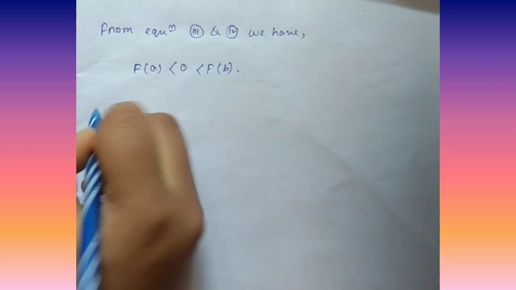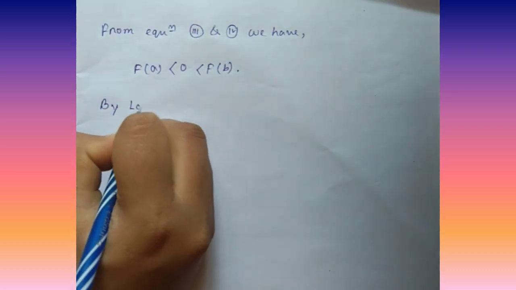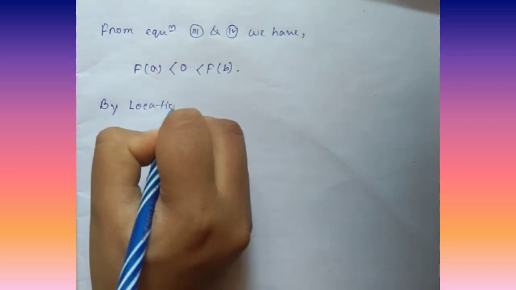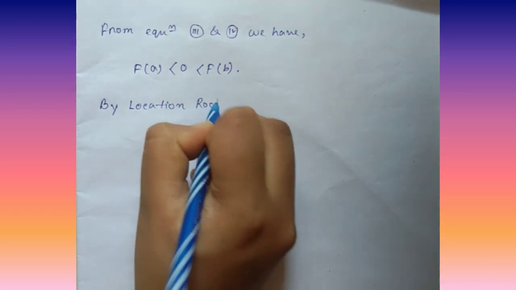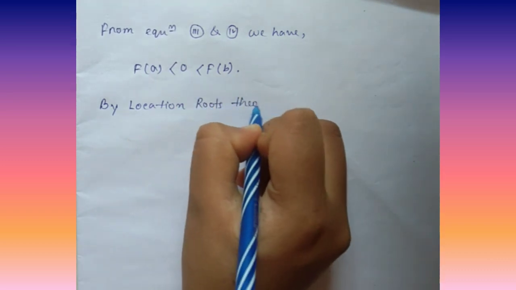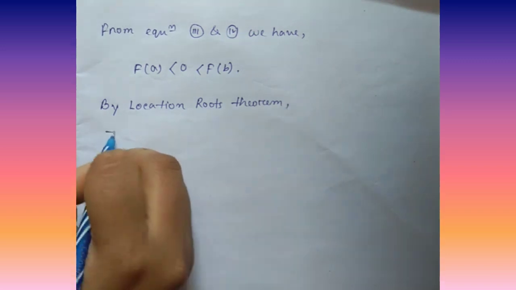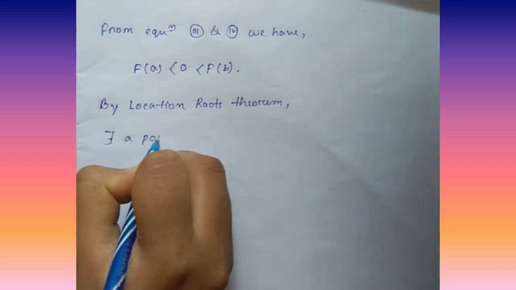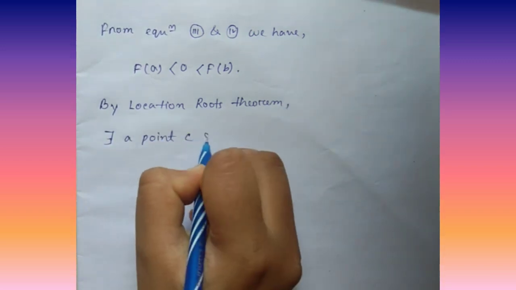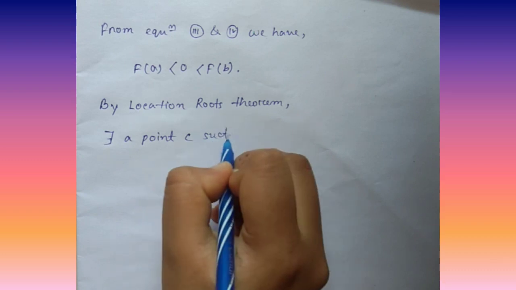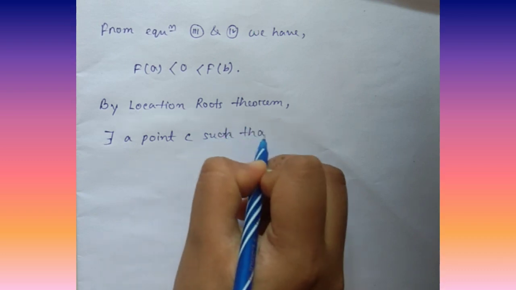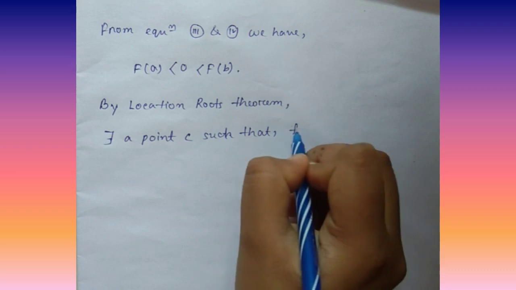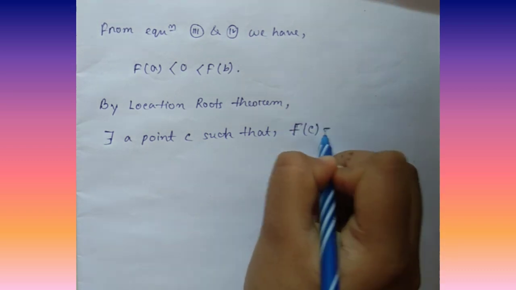From equation 3 and equation 4, we have capital F of a is less than 0, less than capital F of b. Now, by the location roots theorem, there exists a point c such that F of c equals 0.